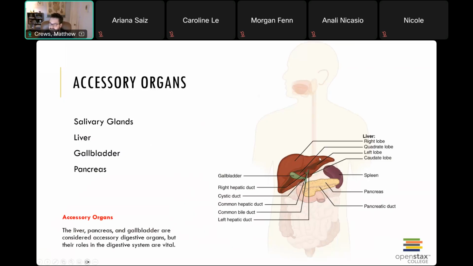So those are the four anatomical lobes. There's also 13 surgical lobes. There's 13. Yes, I know there's four anatomical lobes. And there are.